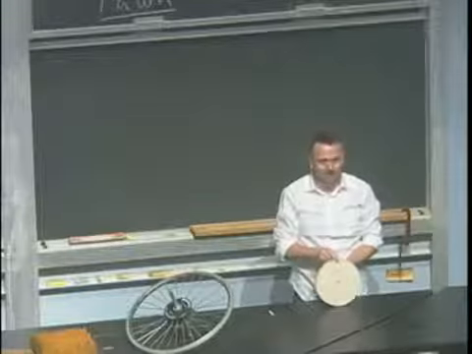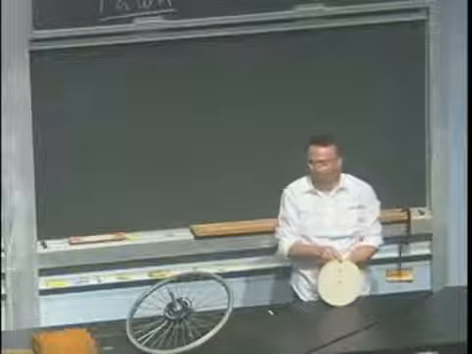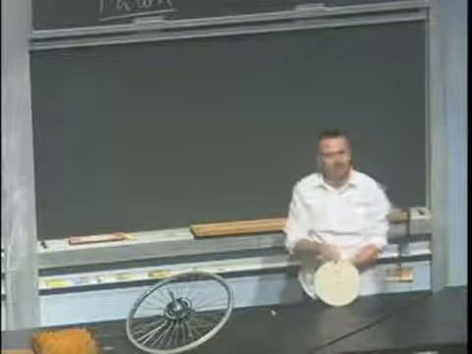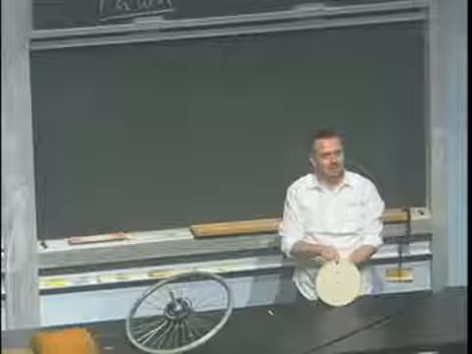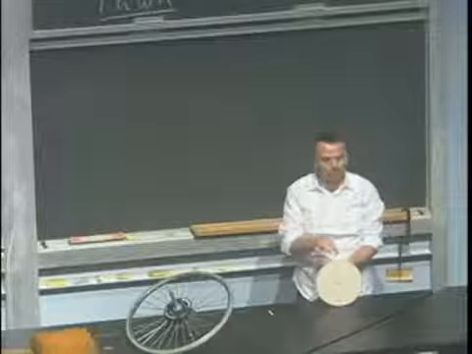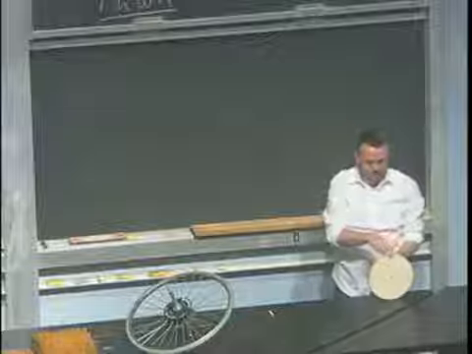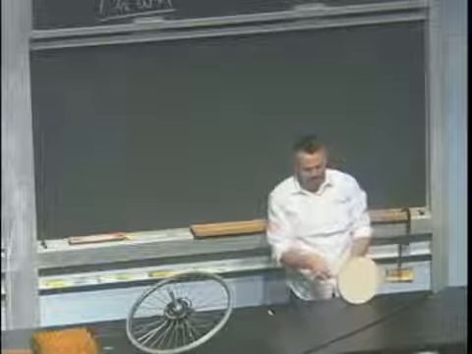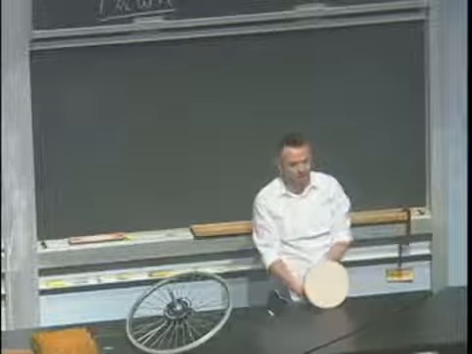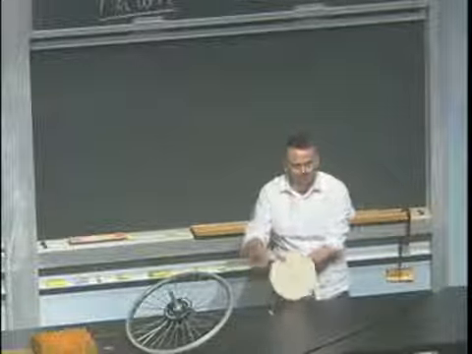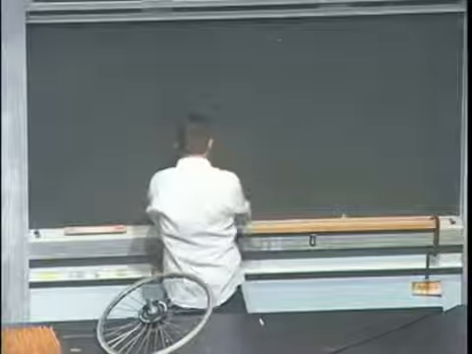I'm going to roll it on this board, and on the blackboard what we're going to see is what happens to this point as the wheel moves forward. You can see that as I'm rolling it, that point is moving forward and it's coming down. It's touching the ground and rolling up. Let's look at how that looks, if I can do this carefully.